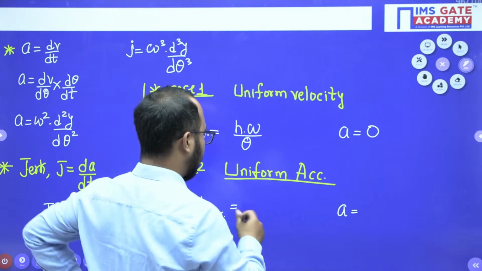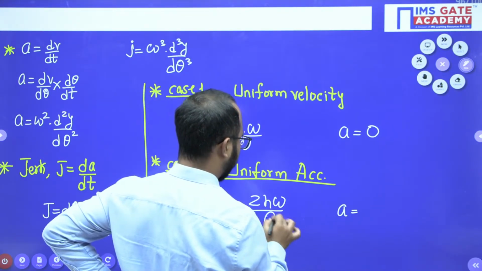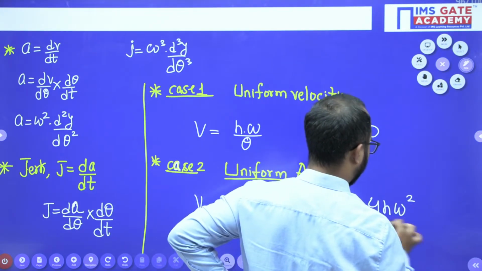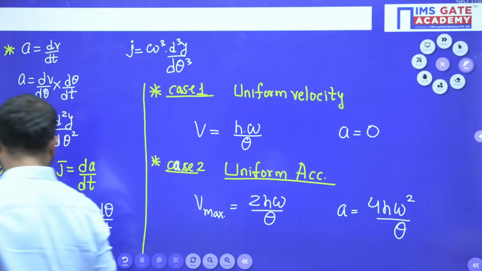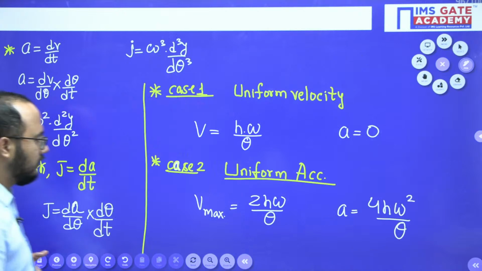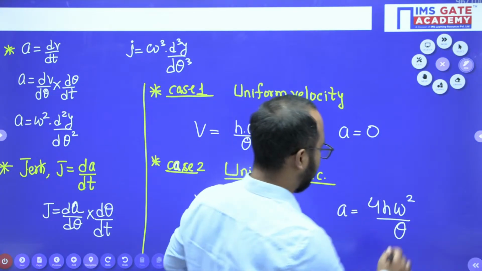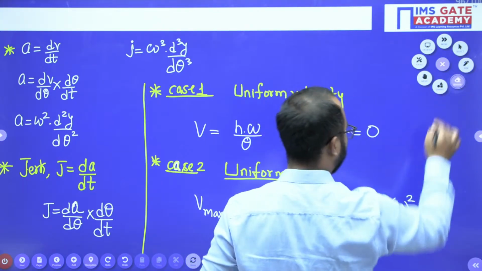Okay, now see, the formula will be 2h omega divided by theta, and here it will be 4h omega square by theta square. Right, everyone? So h omega by theta, acceleration 0, 4h omega square by, obviously this is the complete square actually.